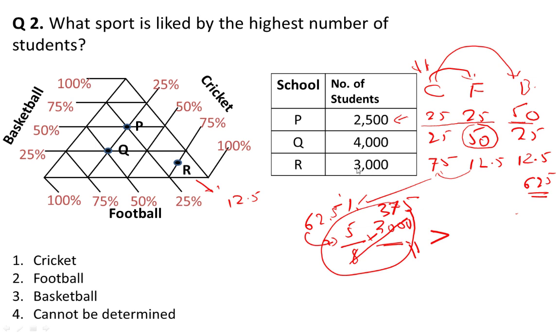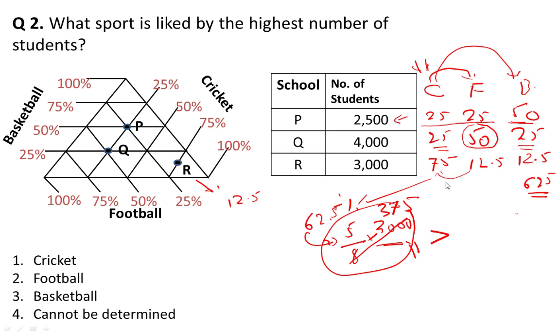Fine. When it comes to school Q, cricket is 25% and basketball is also 25%. So there is no difference between the number of students from Q who like cricket and the number who like basketball.